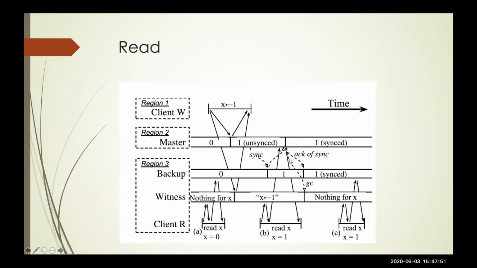So the master syncs the X equals 1 write to the backup, and then when client R again requests read X to the witness, the witness replies that yes, read X is commutative with the current operations, and so client R can go ahead and read from the backup.